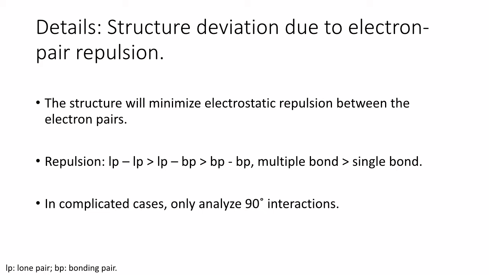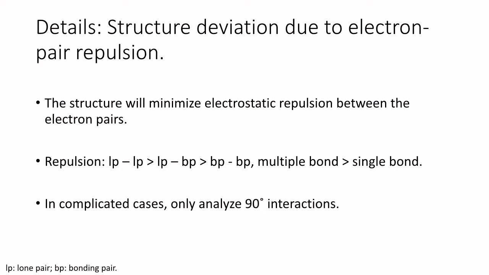And the last step, for which we're going to use an example to illustrate, is that in complicated cases, we're going to only analyze 90-degree interactions, because electrostatic interaction falls off as 1 over distance squared.